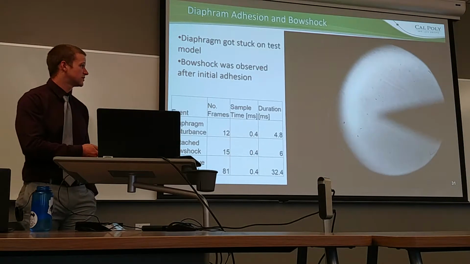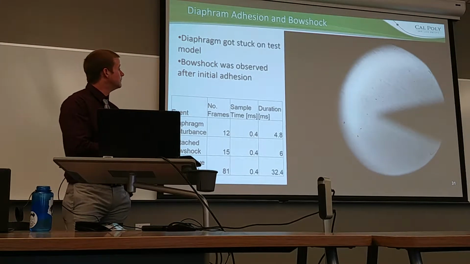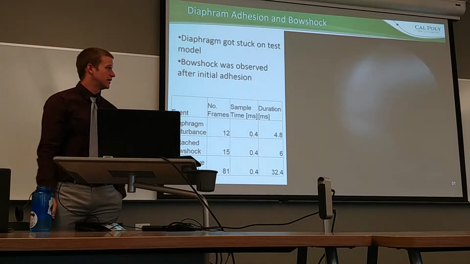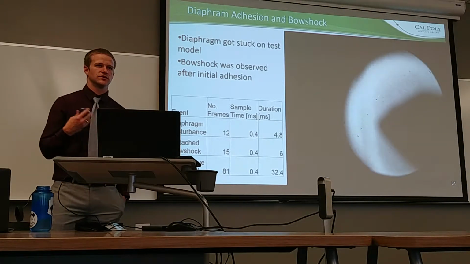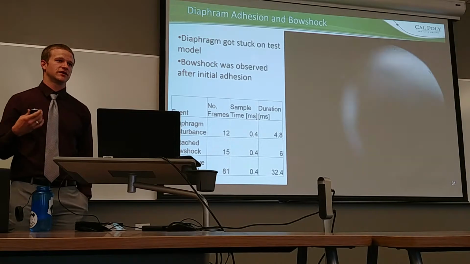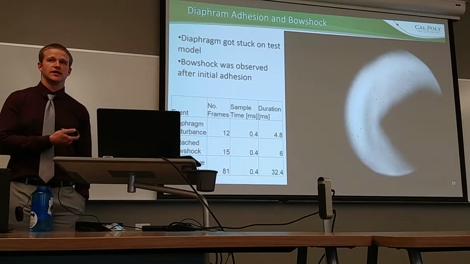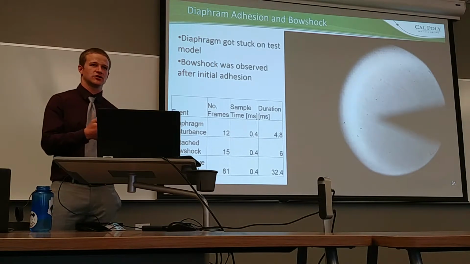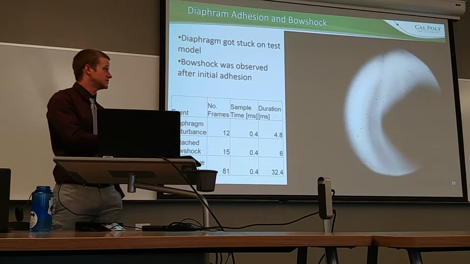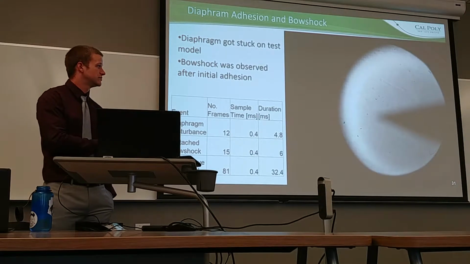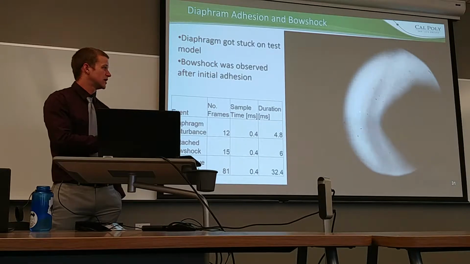But as it was restarting, here on slide 31 now, the diaphragm which ruptured came through the test section, which was planned. But because it didn't rupture into small pieces, it became adhered to the model and drastically shortened the useful test duration for this test. What can still be seen is a visible bow shock in front of the model right here.